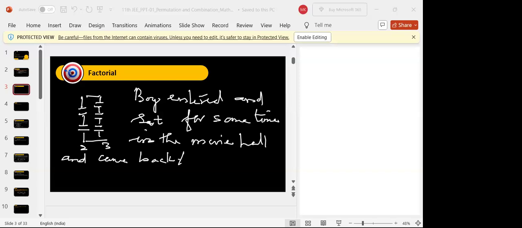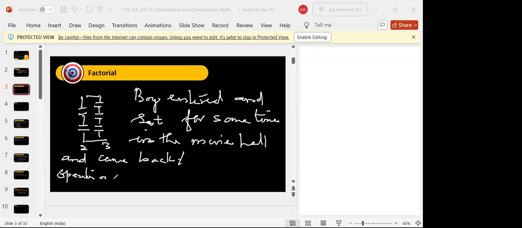Just check it. There is a small catch behind that. Not 4. He sat there for some time. That means both the operations are independent.